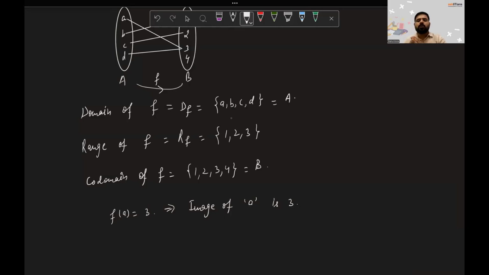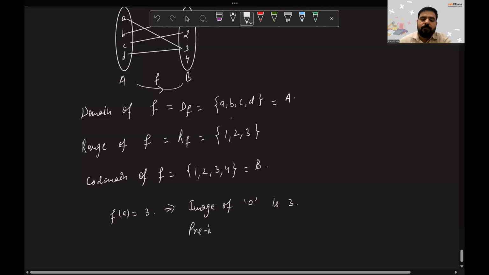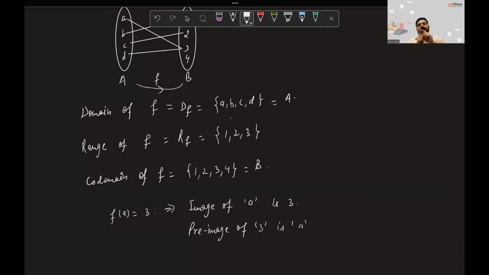So A is mapped to 3. So image of A is 3, whereas A is the pre-image of 3. Try to understand. Pre-image of 3 is A. So image of A is 3 and pre-image of 3 is A.